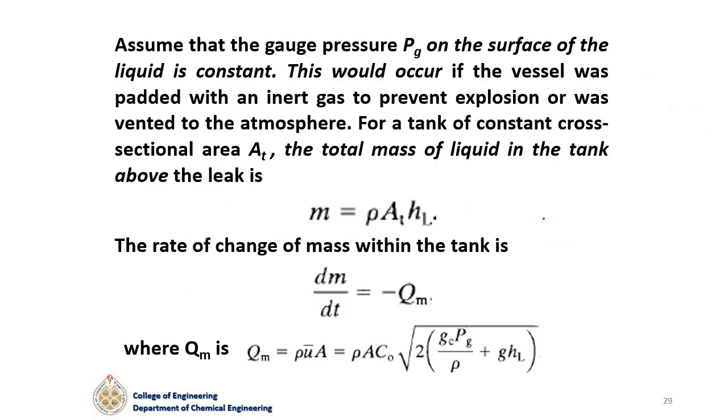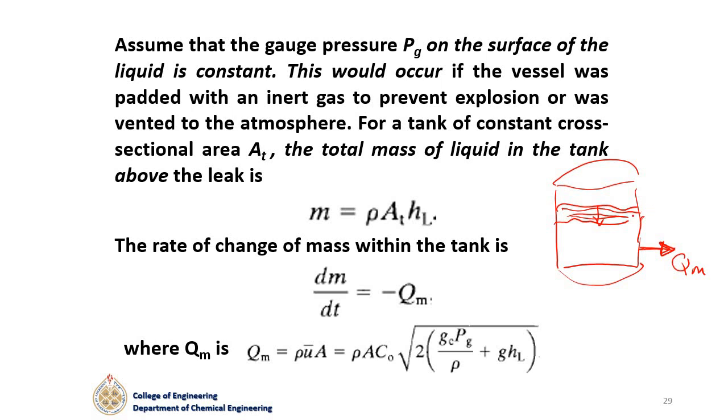If you remember the dm by dt equation, I will not go through that in detail, but the simple thing I can mention is that the amount that goes less is spilled out. This amount that went less is exactly the same amount that went out, which means the amount that went out is the change in the mass. And that is why you have dm by dt equal to minus Qm.